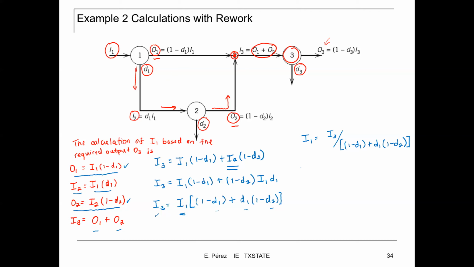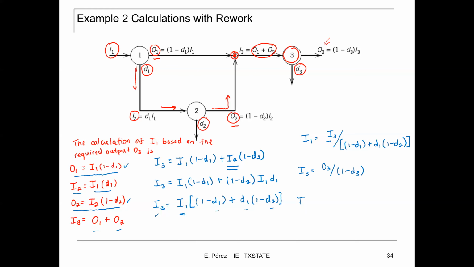We can elaborate an expression for I3. We know that I3 is going to be equal to O3 divided by 1 minus D3. And then we can substitute I3 into here.